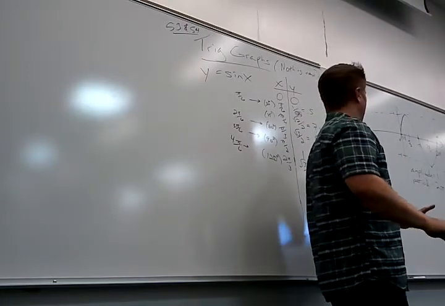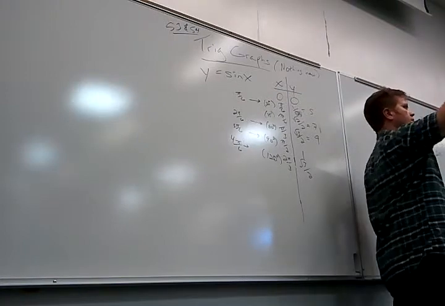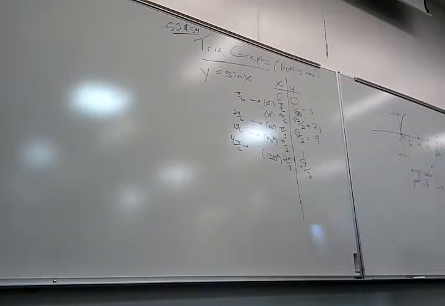So those obviously become very important when we start messing with this thing. What do you think is going to be different, possibly, with cosine? Because what's cosine at 0? It's 1.